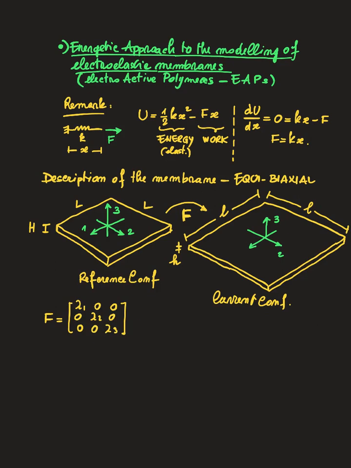In this case, clearly, lambda 1 will be equal to lambda 2 because we're studying this equibiaxial deformation, and this is equal to the length after deformation of the edge of this square divided by the unstretched length, and lambda 3 is related to the change of thickness, and this is h divided by capital H.